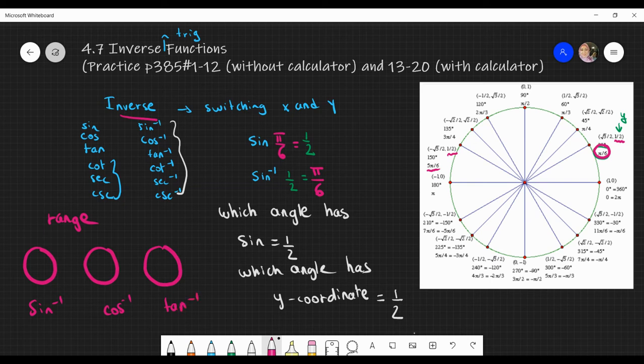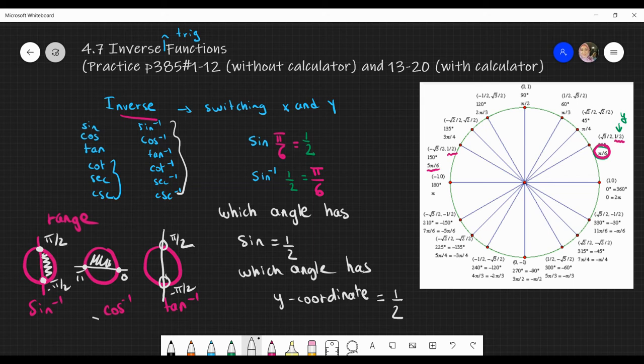So I'm not allowed to work with the whole unit circle when I'm working with inverse. I just can work in between -pi/2 and pi/2 for sine, 0 and pi for inverse cosine, and also -pi/2 and pi/2 for tan.